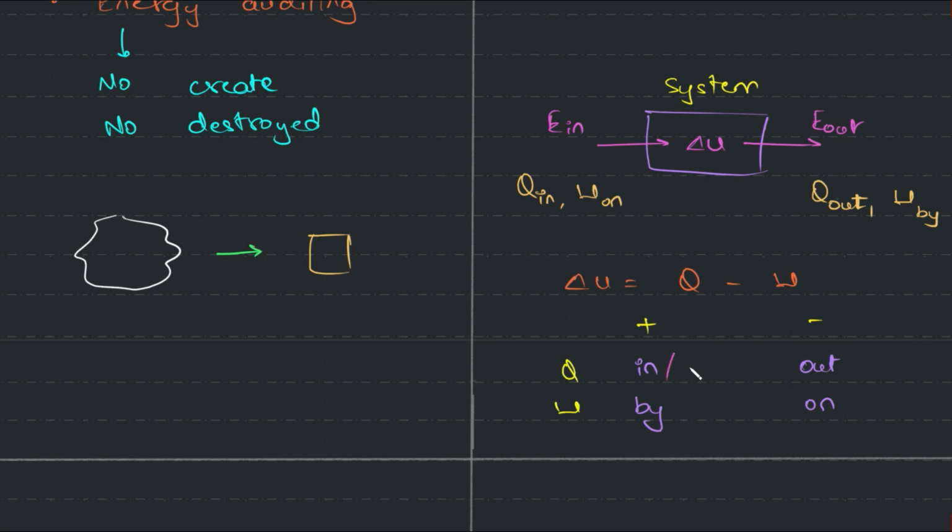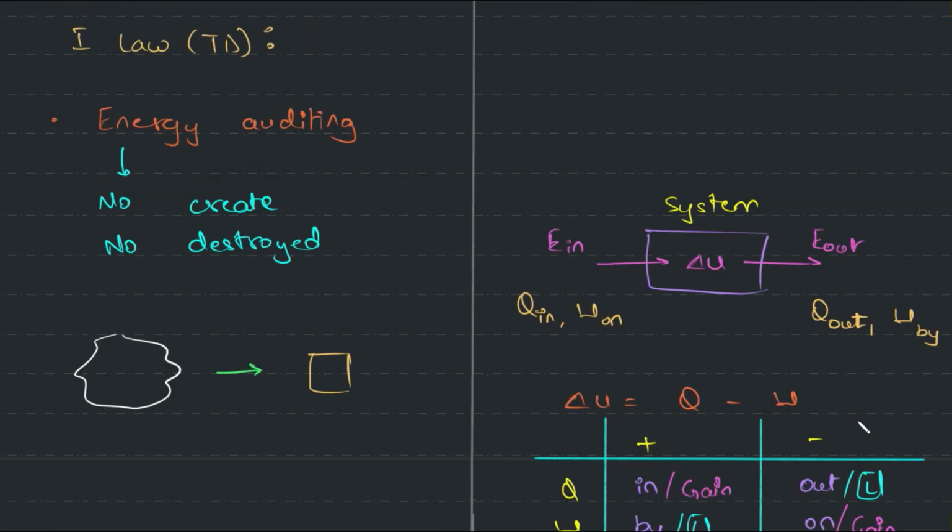So basically, the system is able to gain energy over here and over here. And over here, it is going to lose energy, and here too, it will lose energy. So this is your sign convention. Okay, so you guys have to keep this in mind. So this is your first law, as simple as that.